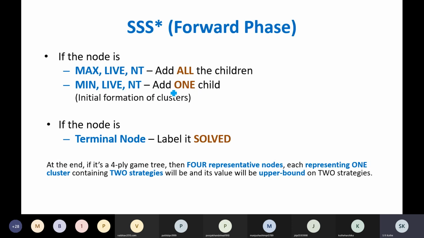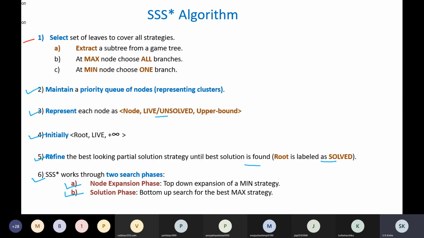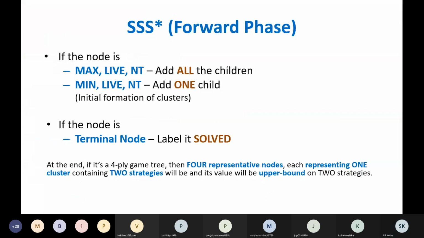So that will perform the first step in your algorithm. What is that first step? Select a set of leaves which will cover all. This I am telling you from programming point of view. If the node is a terminal node, then what to do? If it's a terminal, then label that node as solved, as in the case of the AO star algorithm.